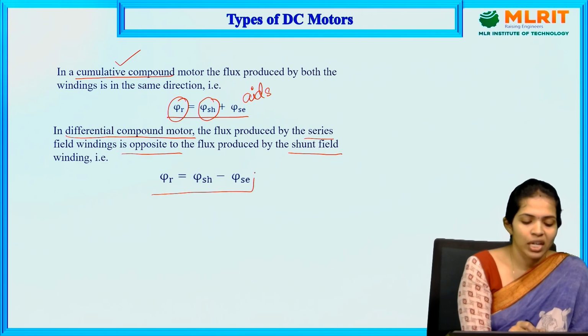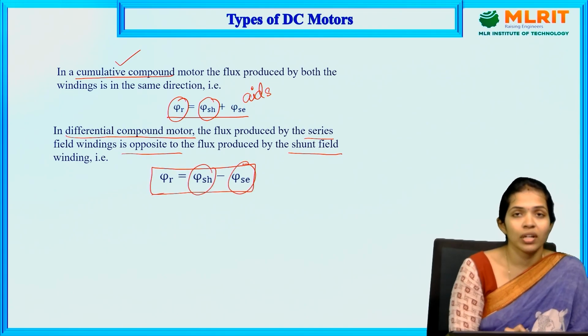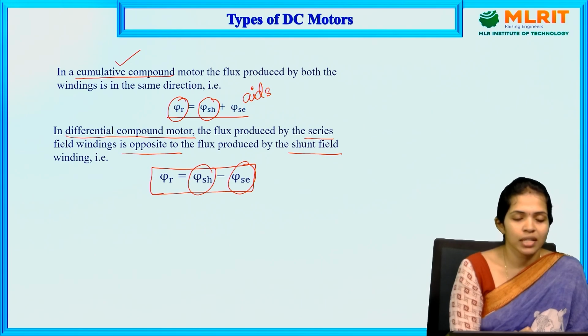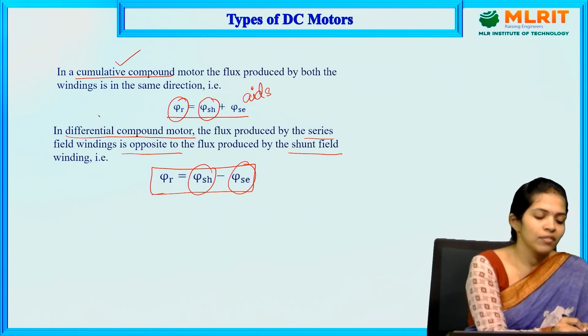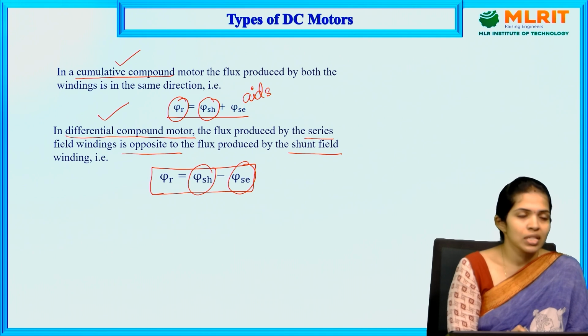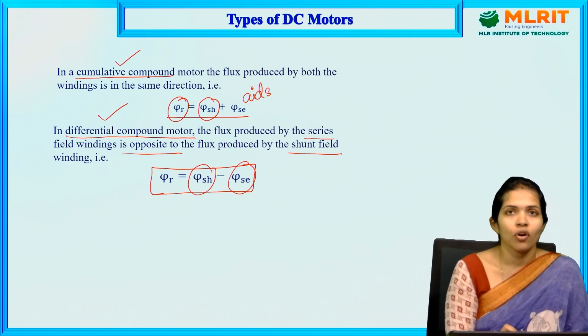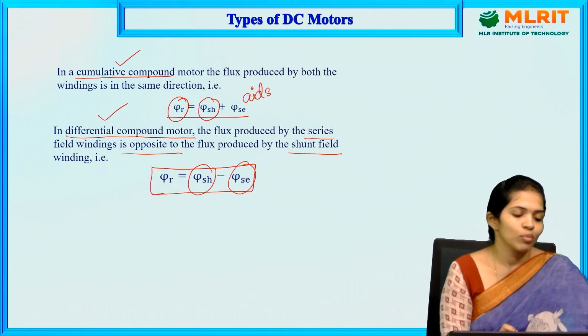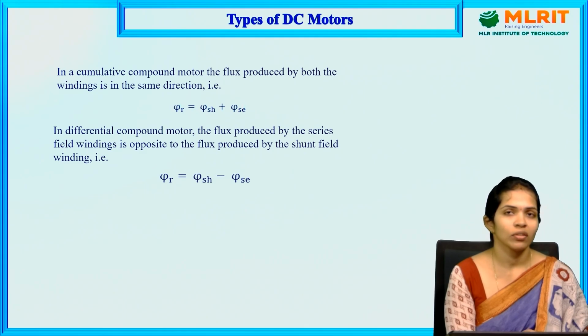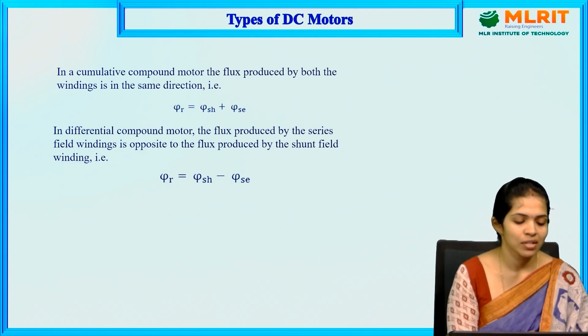So in such a case, there is opposition between the two fluxes, and such motors are called differential compound wound motors. This is the basic classification of DC motors, the types of DC motors which we have discussed in today's class.